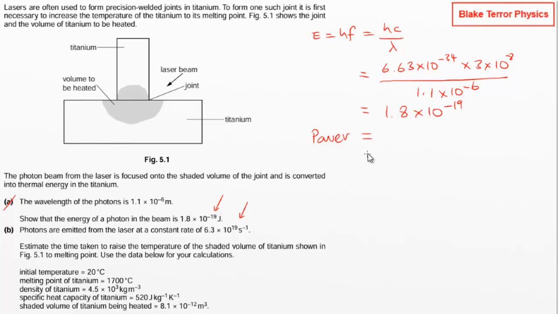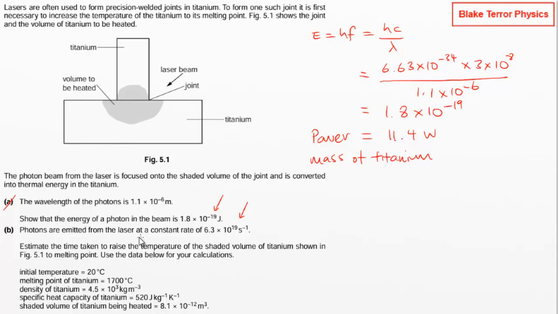So sticking those in, you can see the tens are going to cancel. So we're going to end up with 1.8 multiplied by 6.3, which is 11.4 watts. So, right, that's our power. Then we're going to need the mass of titanium.